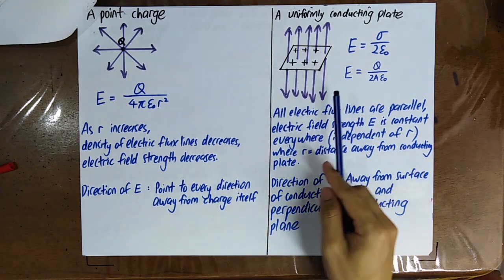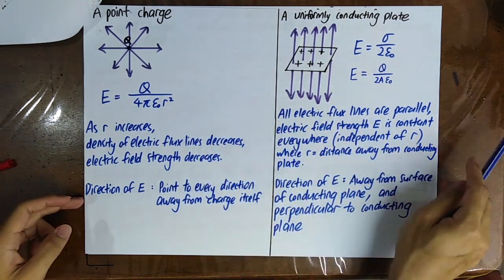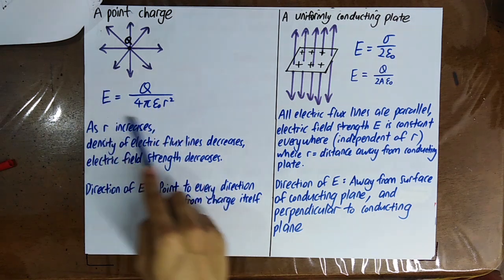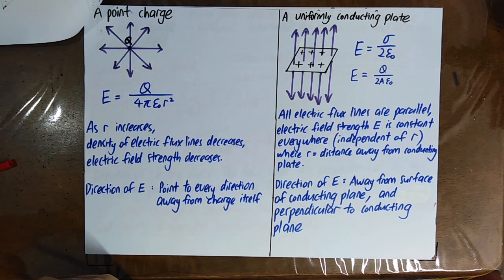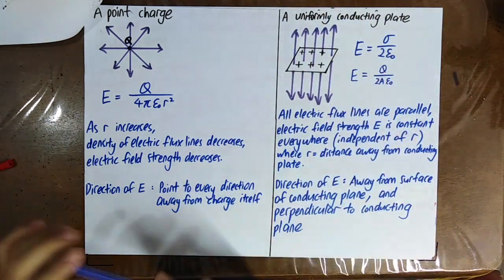But then consider what you have learned in the last video. For a point charge, we realize that the electric field strength is like this. That means that when r increases, E decreases. So you know that the electric field lines are diverging away from each other.